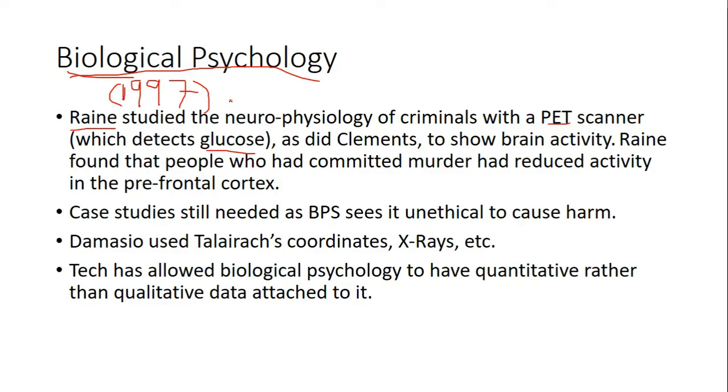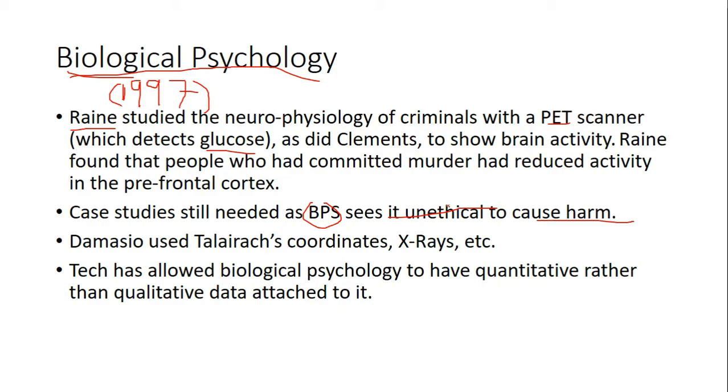Case studies are still needed, as the BPS, the British Psychological Society, sees it as unethical to cause harm. You need to protect your participants from harm in a study. So, for example, if we wanted to research damage to the frontal lobe, we'd have to take patients who already exist.